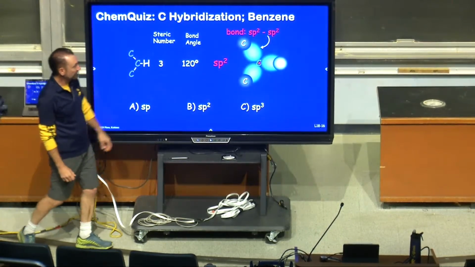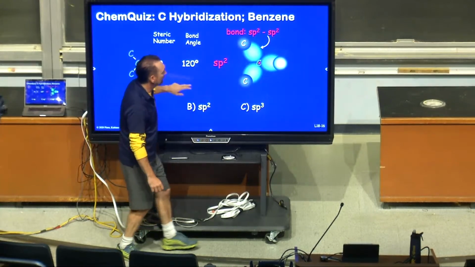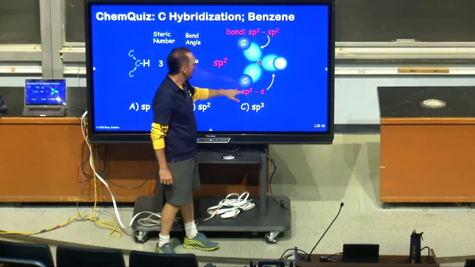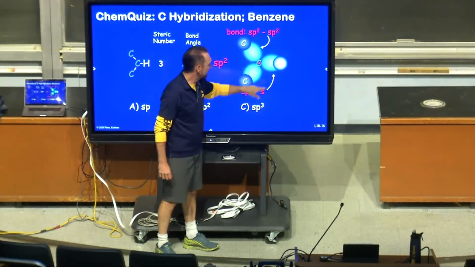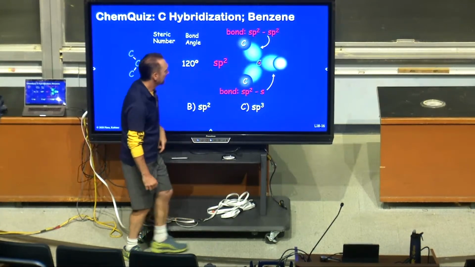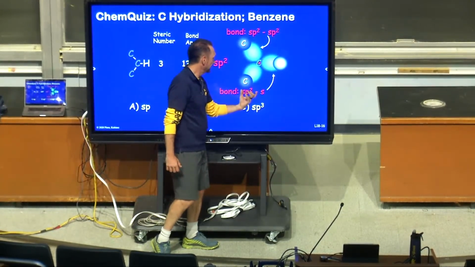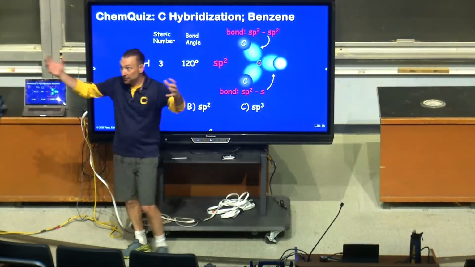So there you go. There's a description. This bond is an sp2 on one carbon to an sp2 on the other carbon. That bond is an sp2 on this carbon combined with an s orbital on that hydrogen. So you can see the wave functions, the s wave function and the sp2 wave functions, the description.